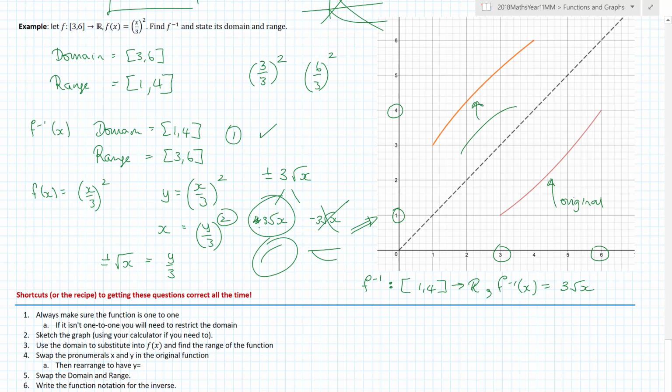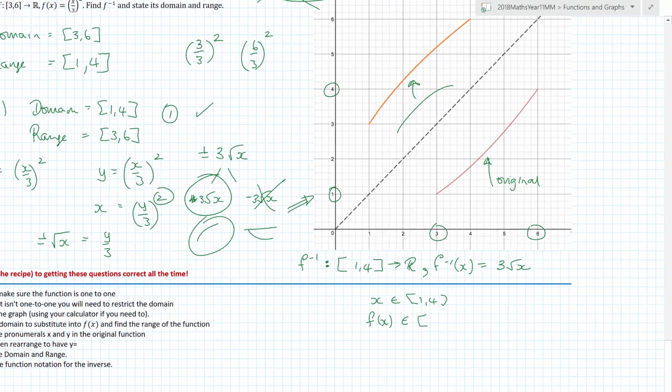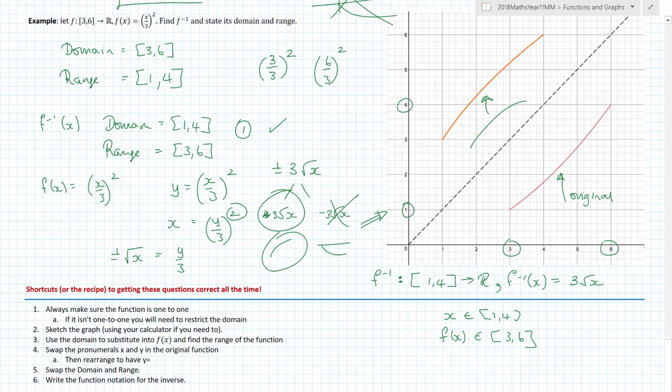It says state the domain and range. I would then need to go on and say domain is equal to 1, 4, and the range is equal to, what did we say it was? 3, 6.